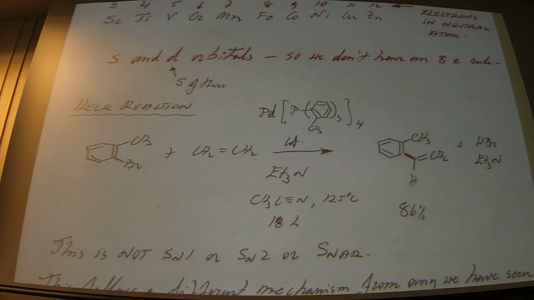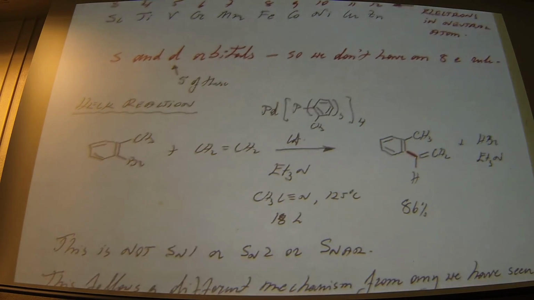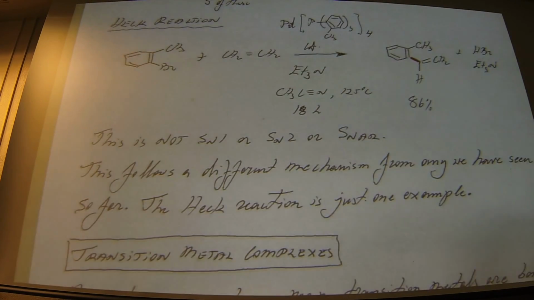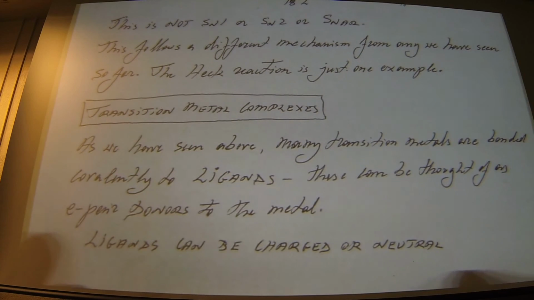You know that because SN1 doesn't work on aryl halides. It's not an SN2 reaction because SN2 doesn't work on sp2. And it's not an SNAr either, because we don't have a strong nucleophile and we don't have any electron withdrawing groups on the aromatic. So this has to be something different. And this is an archetypical transition metal catalyzed carbon-carbon bond forming reaction.